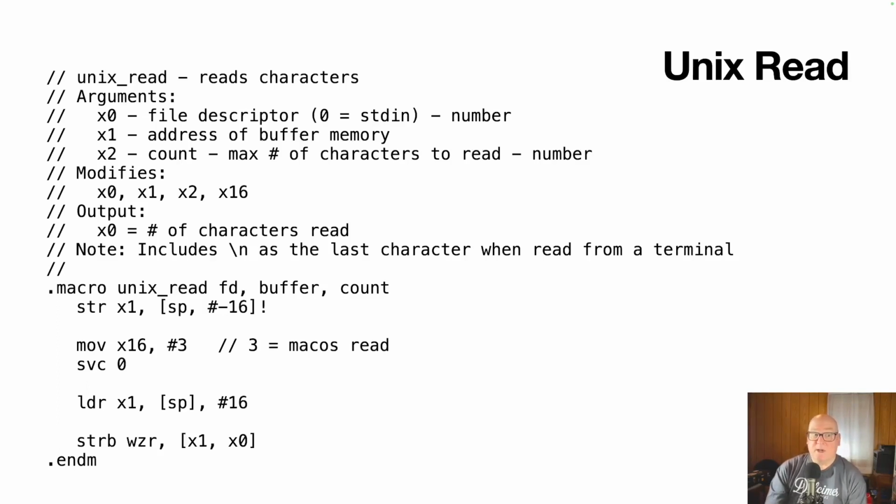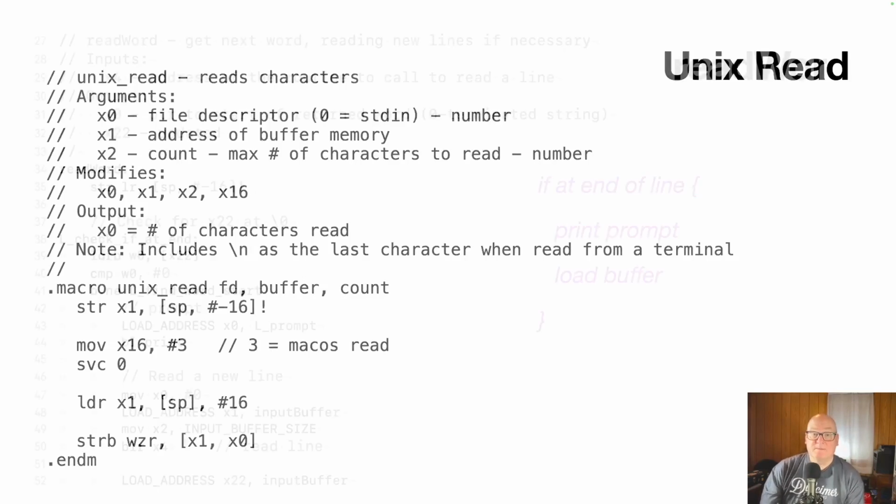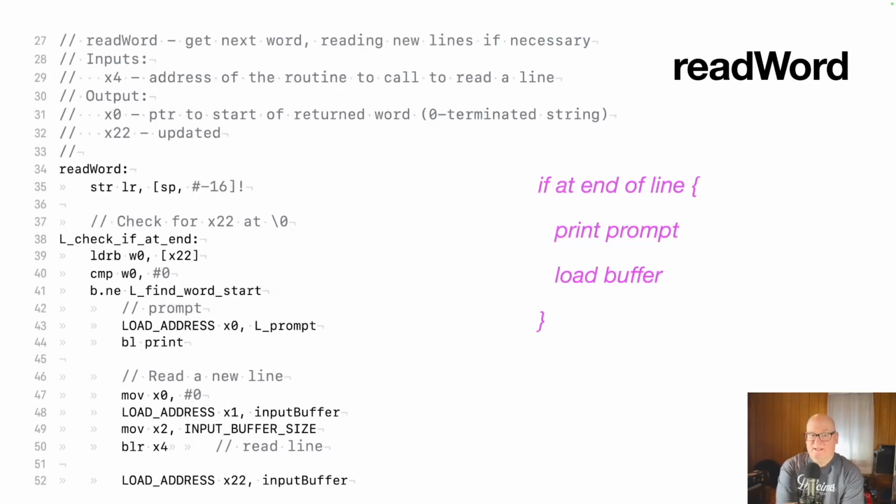Because x0, x1, and x2 are ready for the service call, we have to tell it which service we want. Number 3 is macOS read, and we make the service call. And then at the end, we do a store byte of a 0, so we end up with a C string.